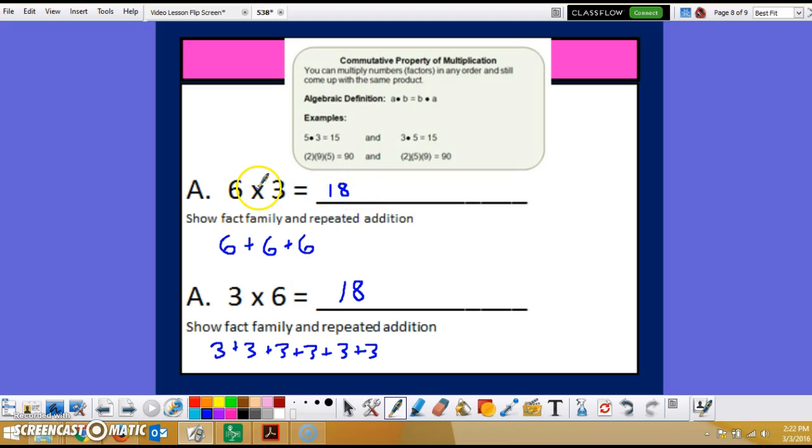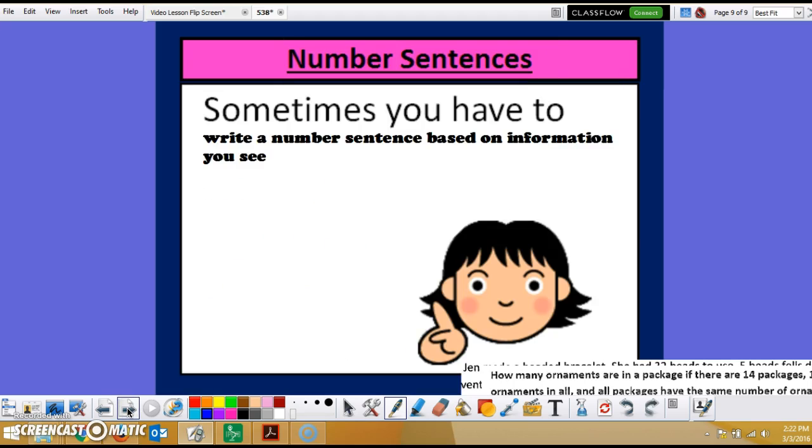Number sentence here in multiplication, commutative number sentence here, multiplication, get 18. You could also have a repeated addition number sentence, which would still get you 18 in this case, or a repeated addition that would also get you 18 by adding 3's. Multiple ways to use number sentences to show mathematical equations.